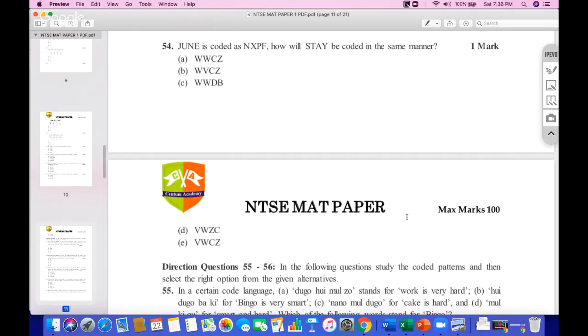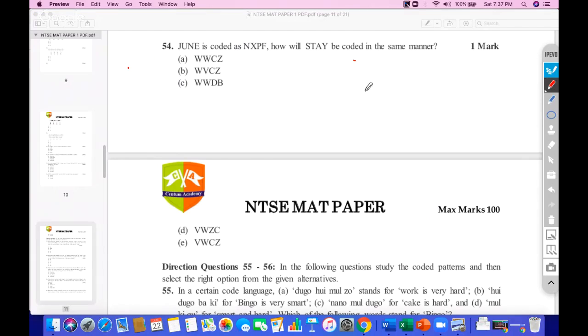Question 54. Those who are not understanding, I am solving for them. So J is becoming N. J is 10 and N is 14. So it is plus 4. U is 21 and U is becoming X. X is 24. So this is plus 3.